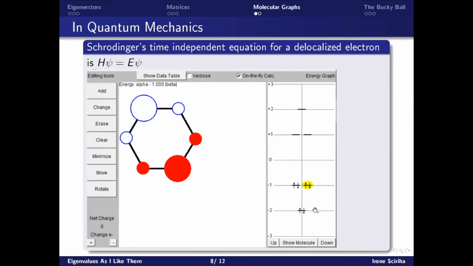And the eigenvalues are 2 and 1 repeated twice, 0 and their negatives. Here we have 6 delocalized electrons because each carbon atom contributes one electron. They will occupy 2 for eigenvalue 2 and the other 4 for eigenvalue 1.